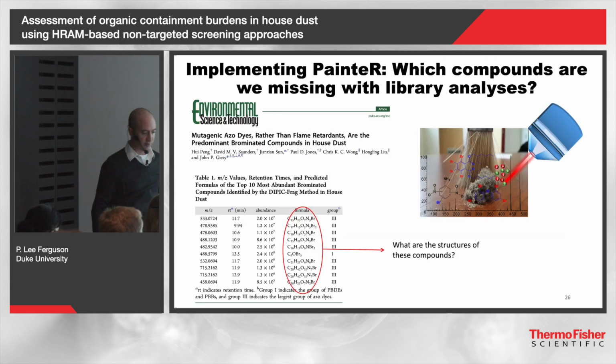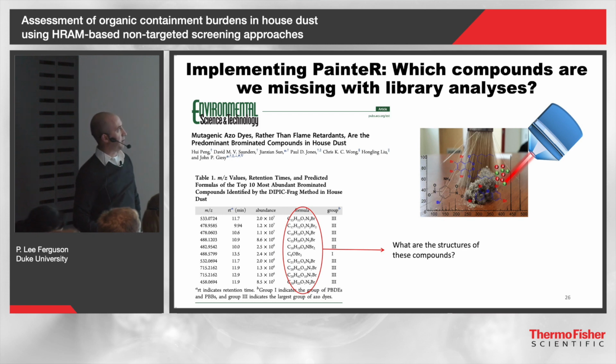So just real quick, I want to show how we've actually used this. Which compounds are we missing with library analysis? This was an interesting paper published a couple years ago where they found a bunch of brominated compounds in house dust, but they couldn't actually assign structures for these. They had no idea what these were because they basically had no library spectra.